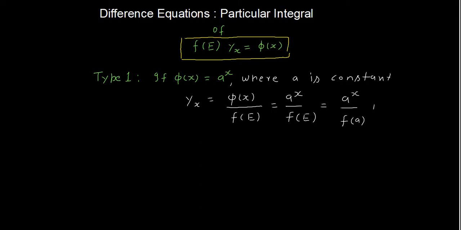If f(a) does not equal 0, this is type 1. Whenever a^x upon f(E) is any such form of a particular integral, its value is a^x upon f(a); in place of E we just write a.